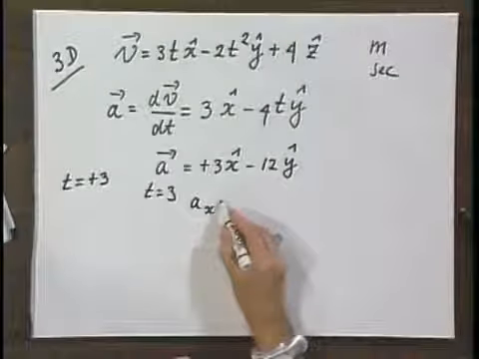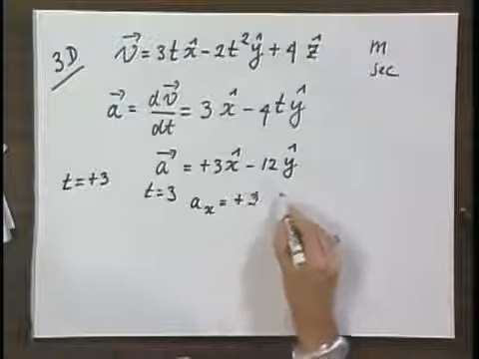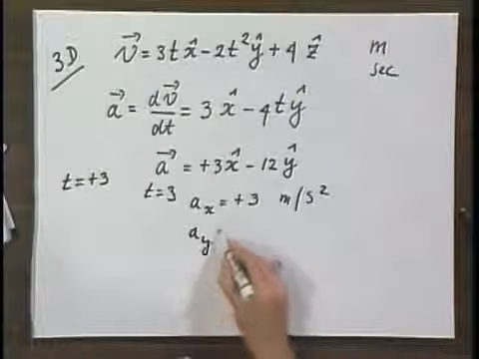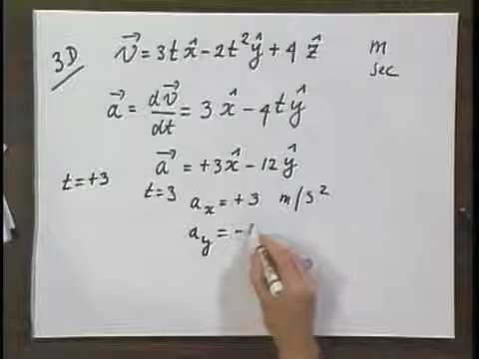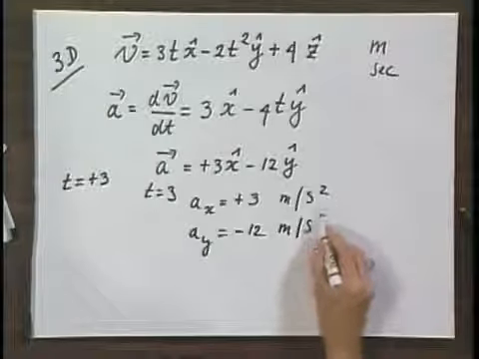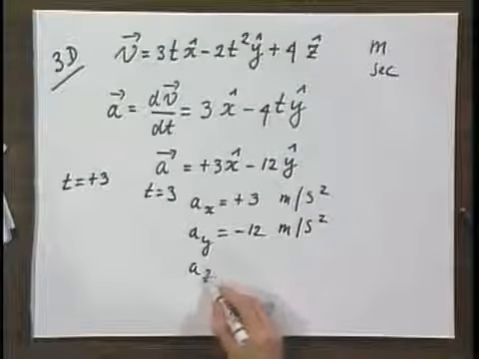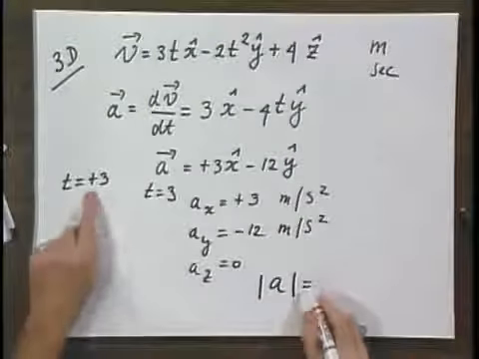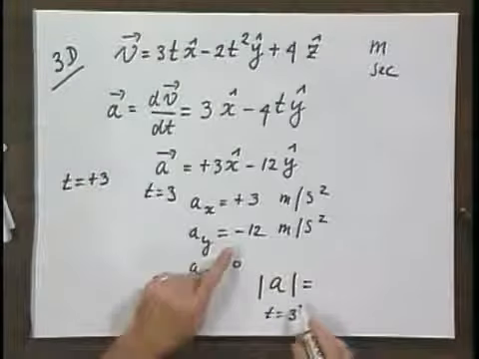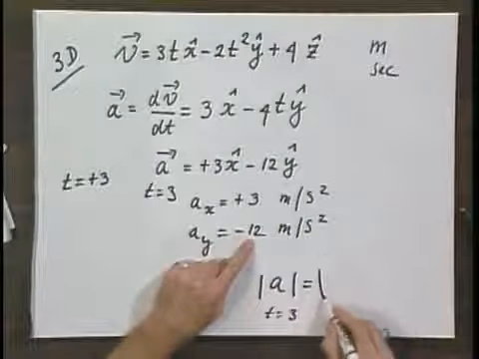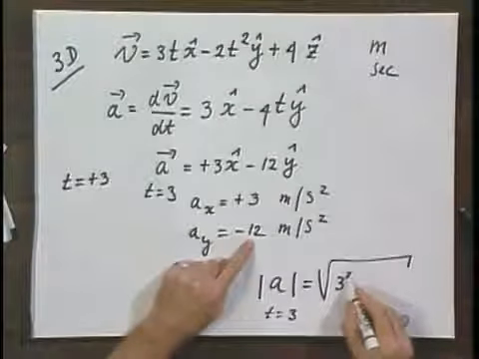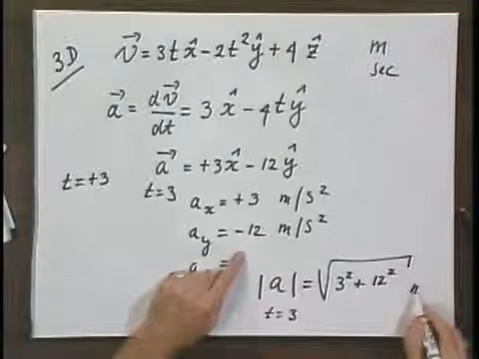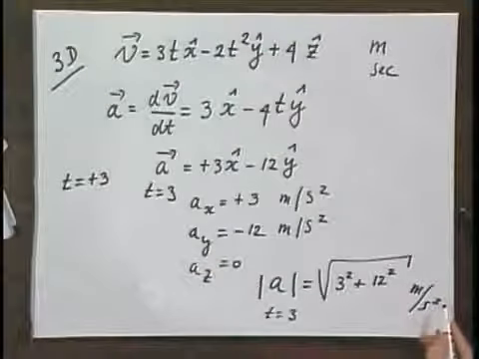So A of x equals plus 3 meters per second squared, and A of y, the y component of the acceleration, would be minus 12 meters per second squared. A of z would be 0, and the magnitude of A at this moment in time t equals 3 would be the square root of 3 squared plus minus 12 squared meters per second squared.